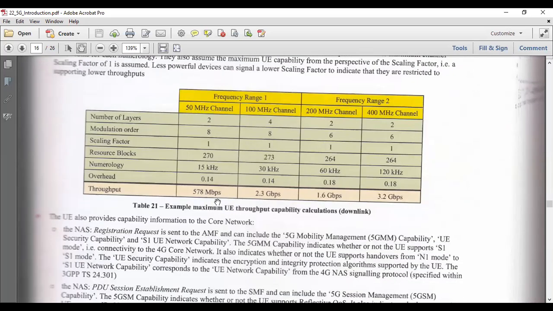Anyway, you see that the calculation gives you different values. This is how much bandwidth you are using. Yes, it's the bandwidth.